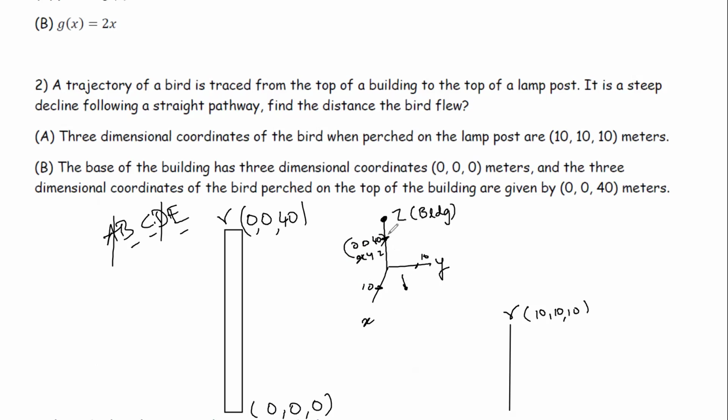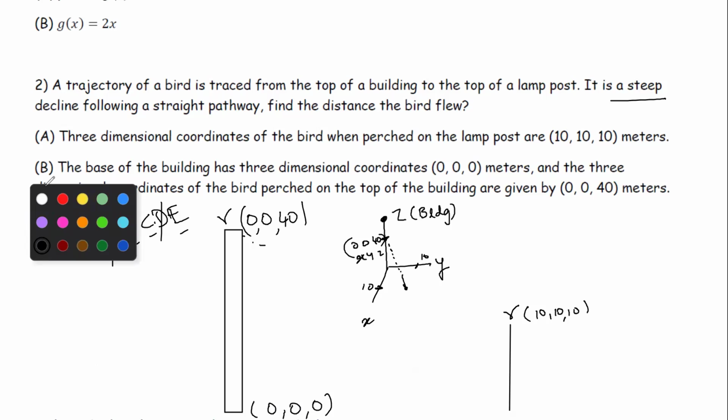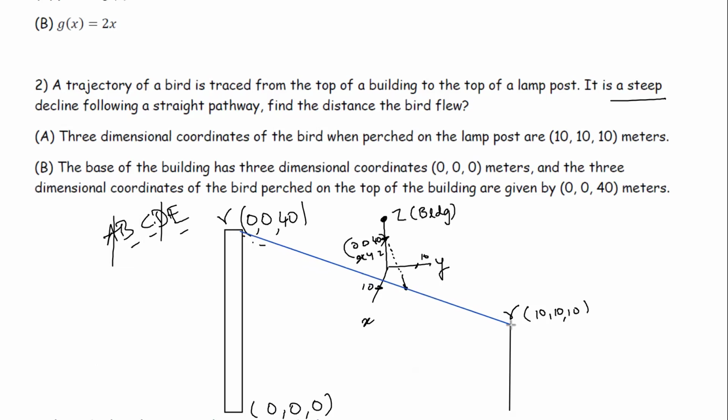So the bird flew from here down here. It's a steep decline. I'll take a different color, blue. So from here, it goes here like that.